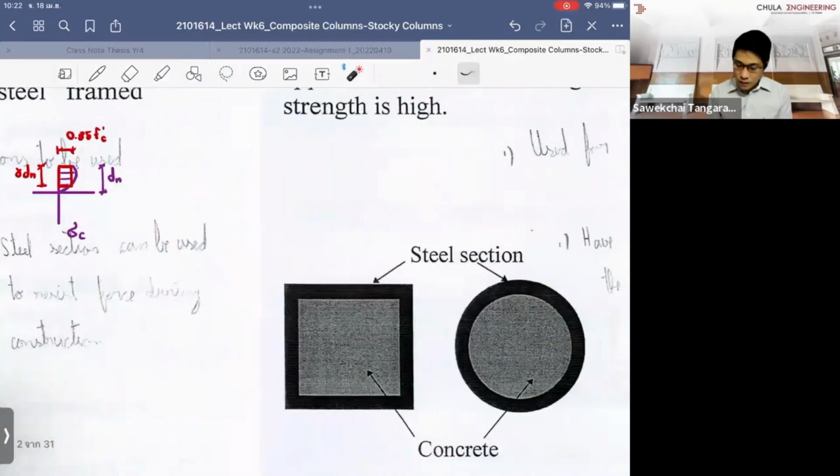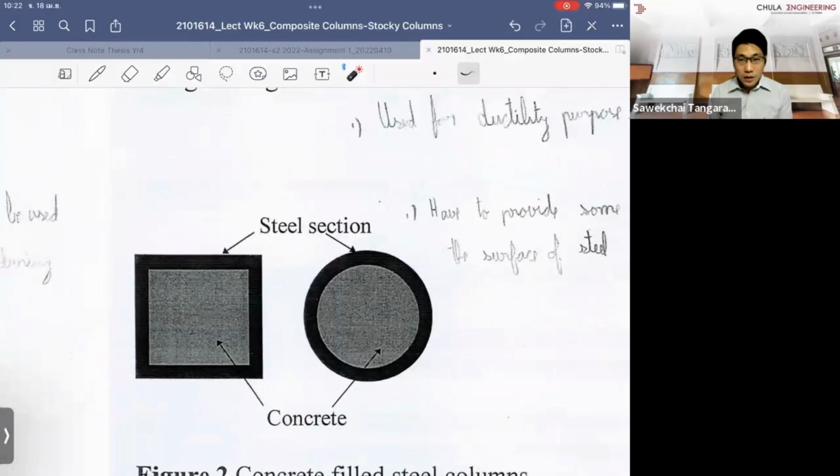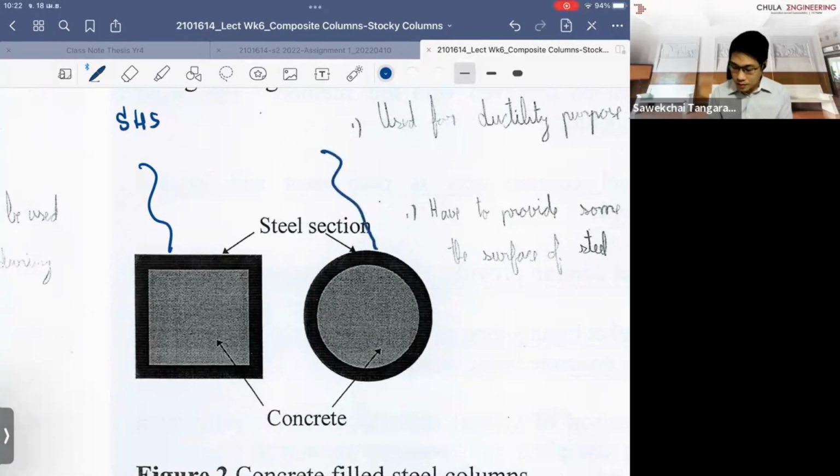But on the other hand, if we have infills, the concept of the infill is different. You have an open hollow section. In this case, you can have either a square section, which is the SHS, the square hollow section, or you can have a CHS, the circular hollow section. And you just need to fill in the concrete.